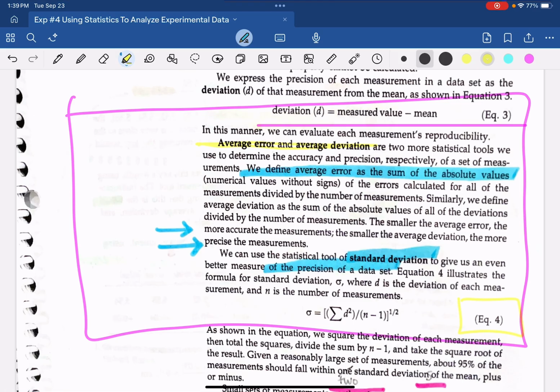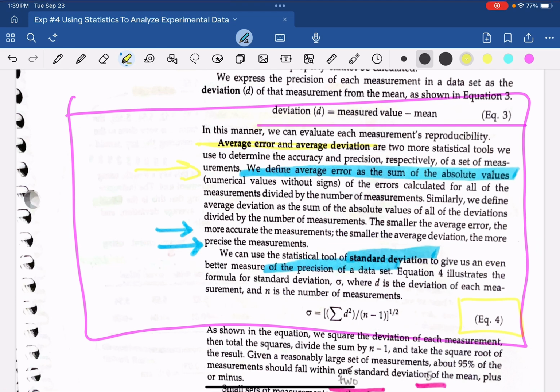This page right here is very, very important because we want to keep in mind that we define average error as the sum of the absolute values of the errors calculated for all the measurements divided by the number of measurements.